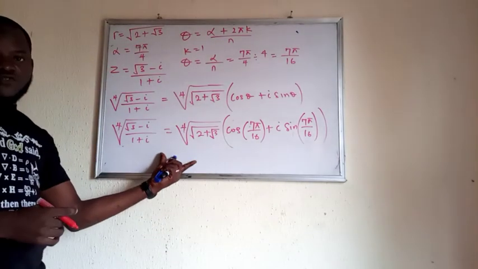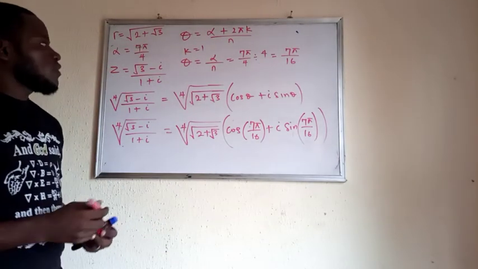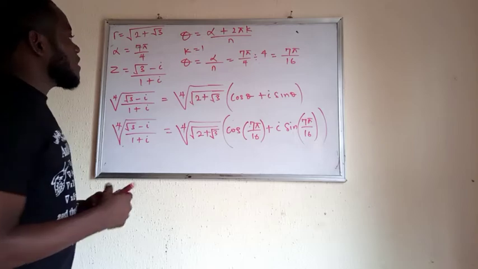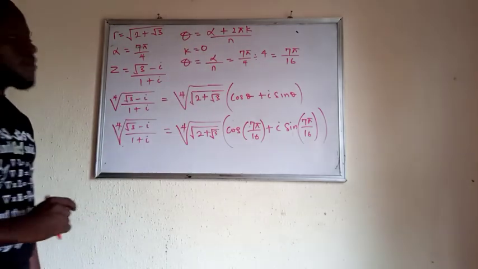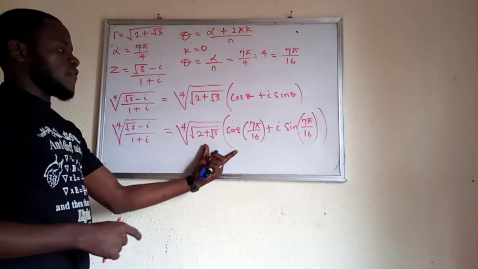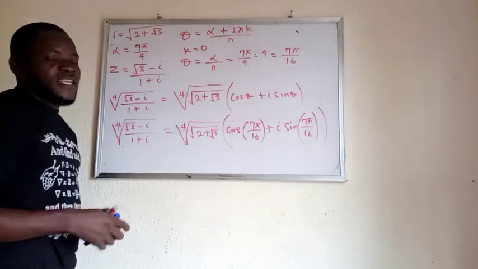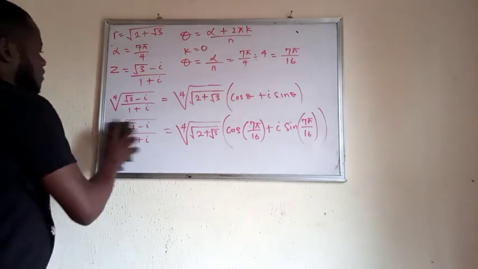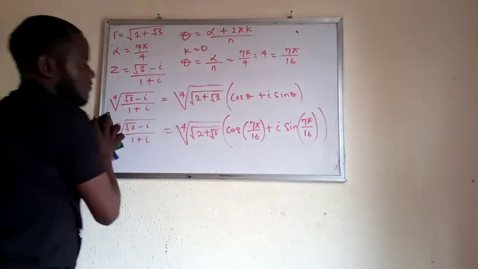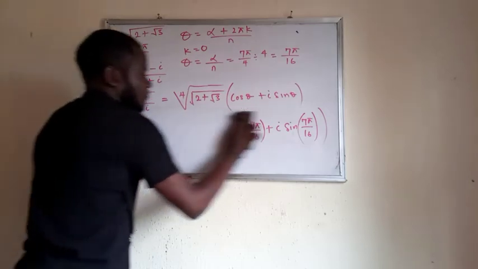So this is the first root. The first root should be when k is 0. Sorry for that. So when k is 0, this is our first root now. Now let us find our second root when k becomes 1. So I can clear this now. This is the first root. Note it down.